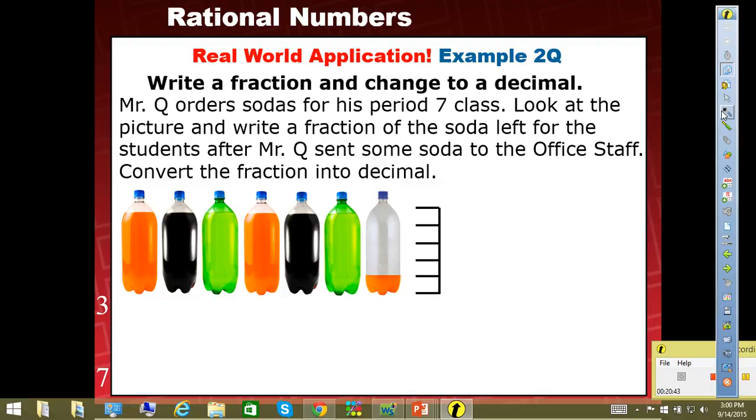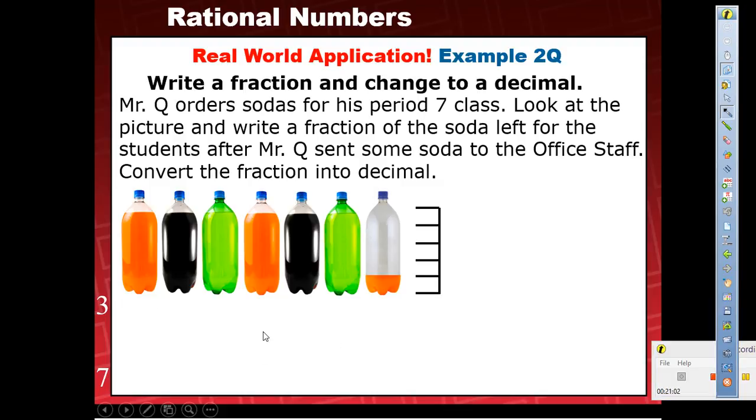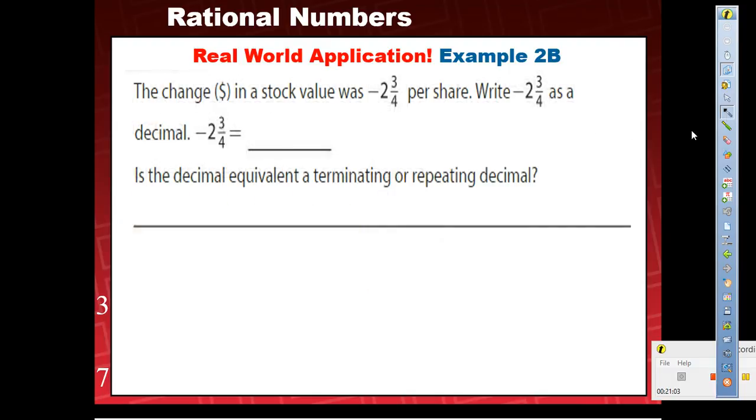Now check this out. So that you don't get confused, look up. This is 1 part, 2 parts, 3 parts, 4 parts, 5 parts. Does everybody see that? Yeah. So what would be our decimal for this? Everyone. Let's see, help me out. 6 and what?